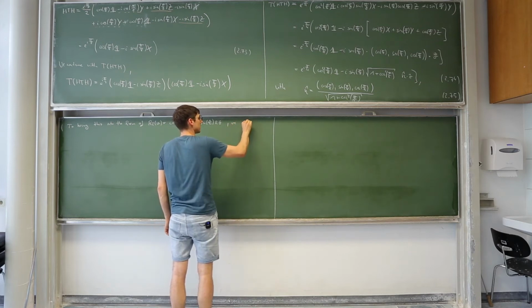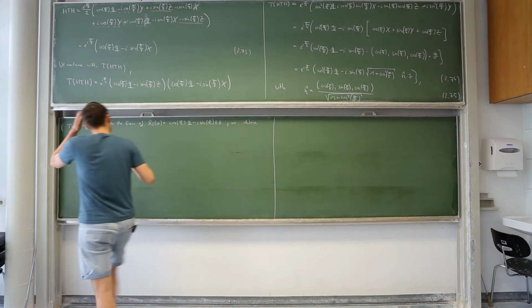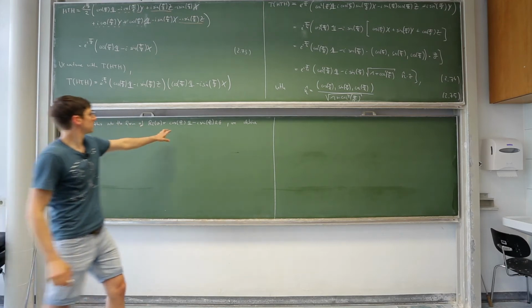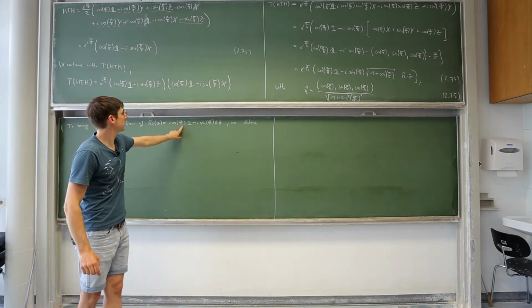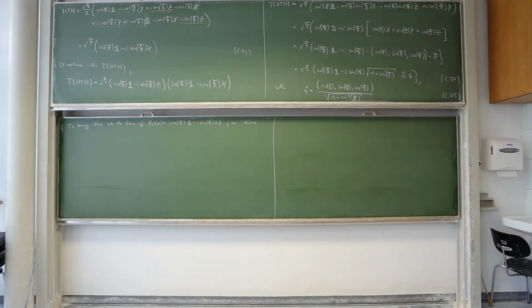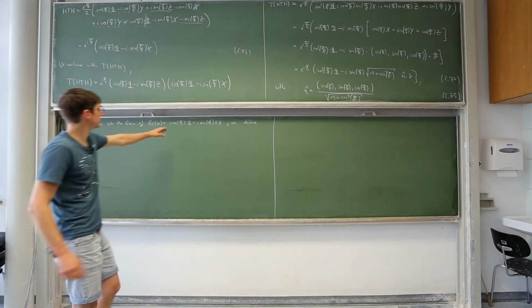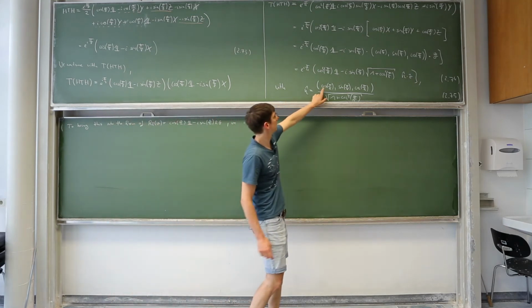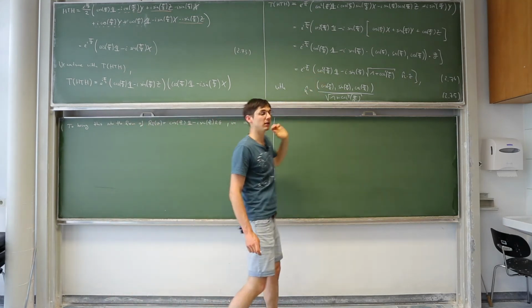We define, okay, let's look at this. Cosinus of theta half, is this 1/2? Yes, it's correct. So cosinus of theta half must be equal then to the cosinus square of pi over 8. Okay?